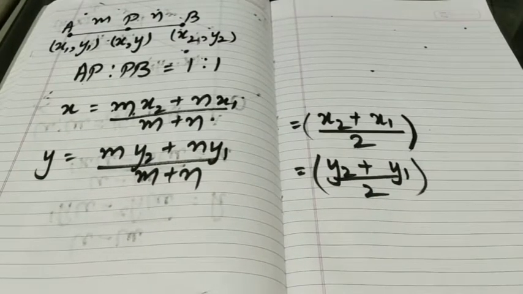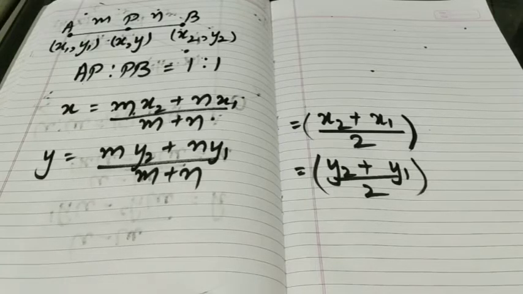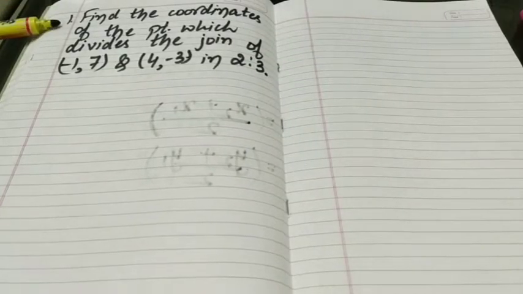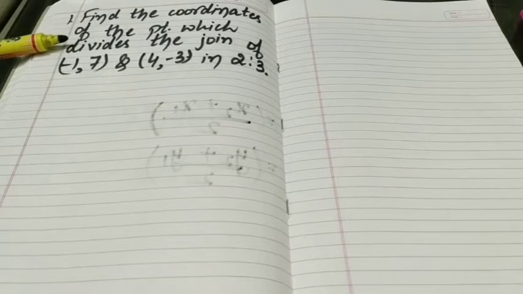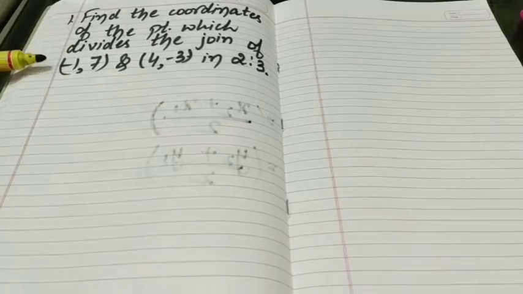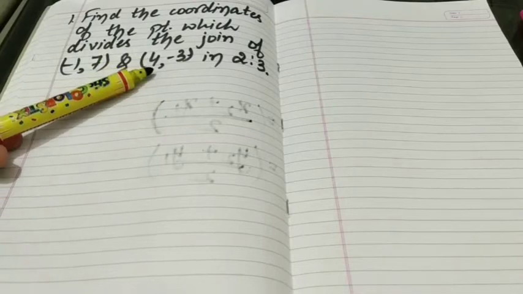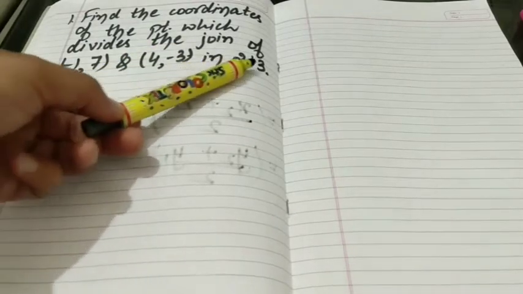Now we will do some sample questions to understand the concept of the section formula in a better way. The first problem is: find the coordinates of the point which divides the join of the first point (-1, 7) and the second point (4, -3) in 2:3.